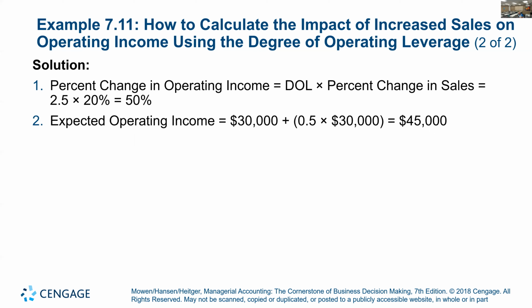We expected sales to increase by 20%. Our degree of operating leverage was 2.5 from our previous example. So if our sales went up 20% and our degree of operating leverage is 2.5, that means our income is going to go up by 50%, 2.5 times the 20. And then they're proving it here. Expected operating income would equal $45,000.